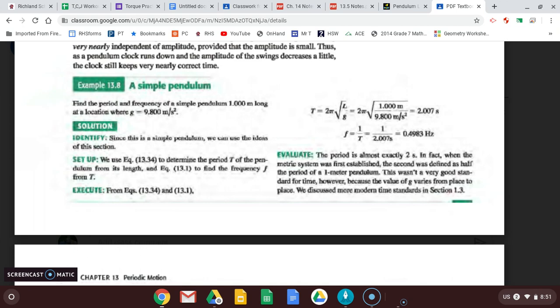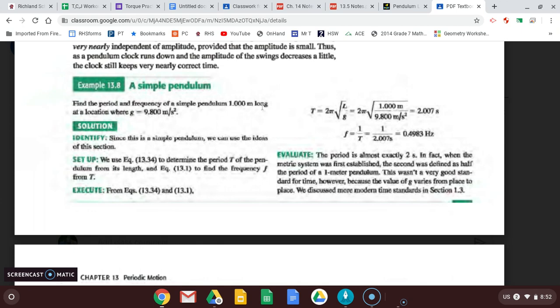Because if we were not, we couldn't find the period and the frequency without an experimental version, like using a stopwatch, right? But as long as we're assuming we're at small amplitudes, and we're going to assume that unless told otherwise, we could use some of the formulas in this section. So this will be pretty simple once we realize what we're allowed to use.